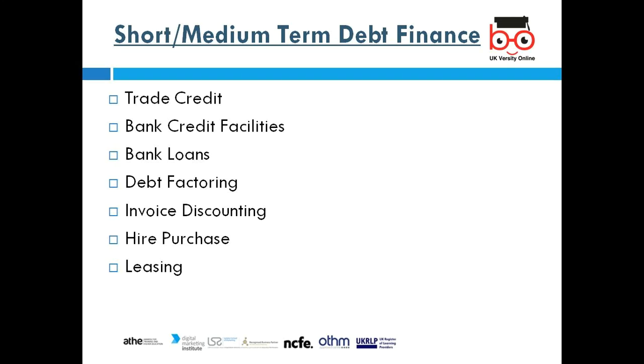Debt factoring: we have debtors, and debtors means the people from whom we are to receive money. We can give the invoices to someone and receive money against them, or we can discount the invoices. We can sell those invoices in the open market.